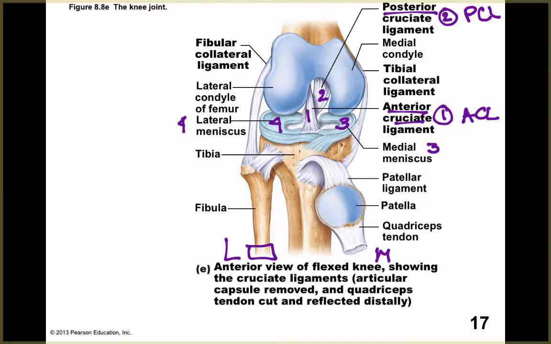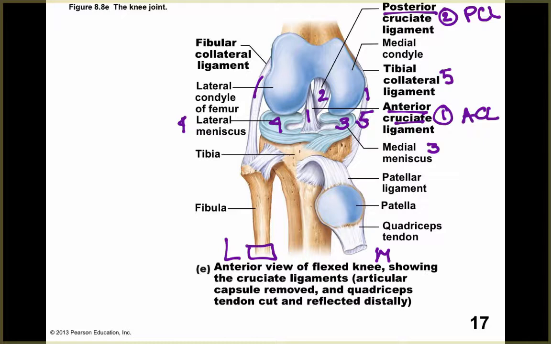So the collateral ligaments are going to be on the outsides. Again, you know where the medial side is. So what you're looking at here is this one, which is 5.